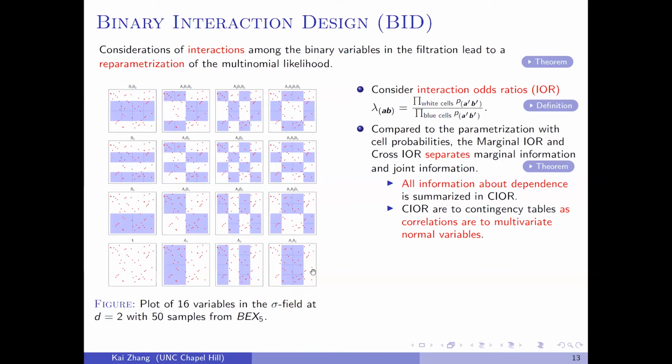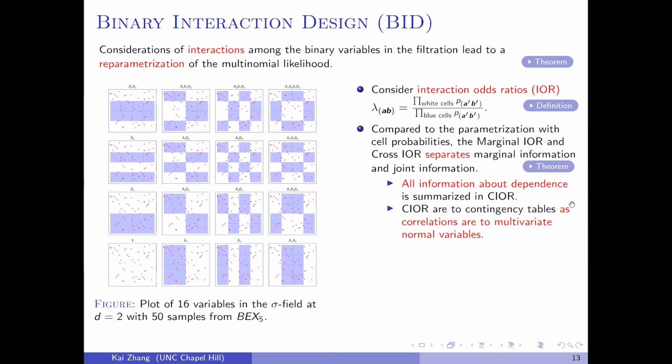Note that in the sigma field, there are marginal interactions involving only A's or only B's. For these marginal interactions, the lambdas contrasting the white region and the blue region could only provide marginal distributional information. On the other hand, for cross interactions involving both A's and B's, the lambdas contrasting white region and blue region are really providing information about the dependence.